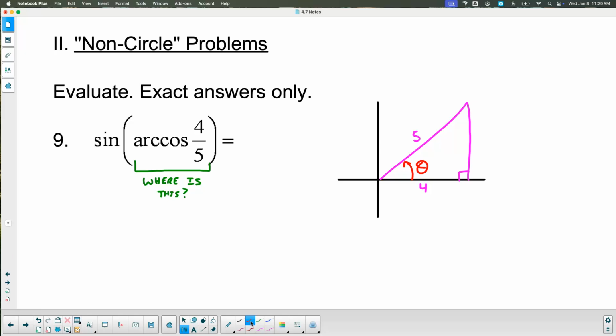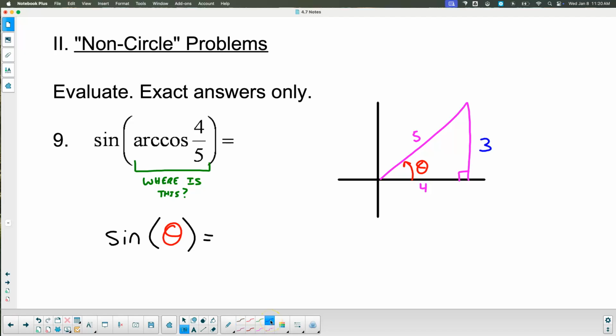So we really just need to find here the sine of theta. What do I need in order to find the sine of theta? I need that opposite side. What is it? 3. 3, 4, 5 is a Pythagorean triple.